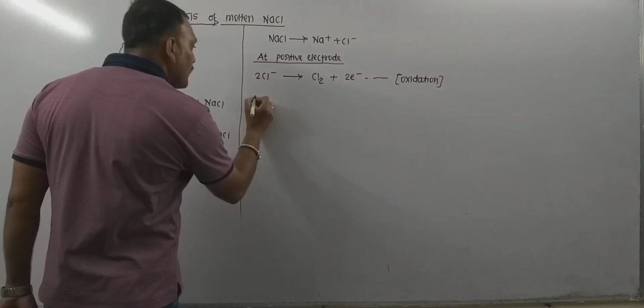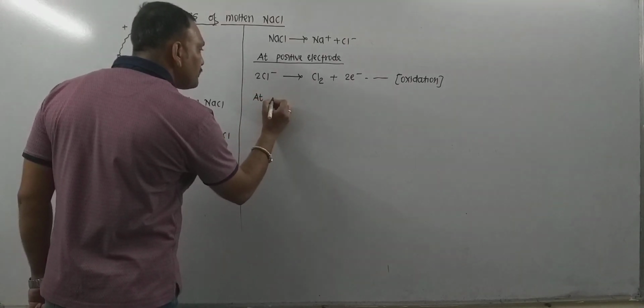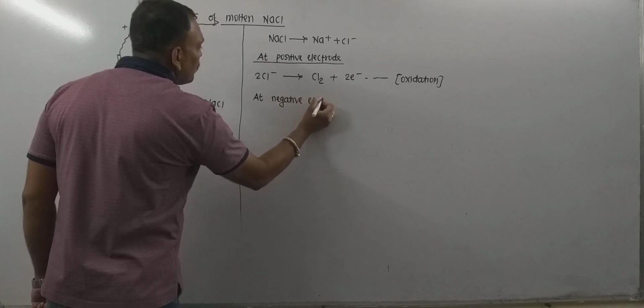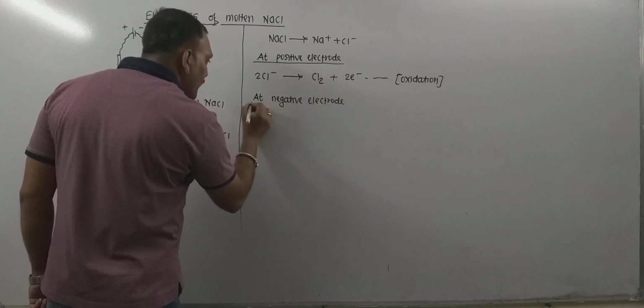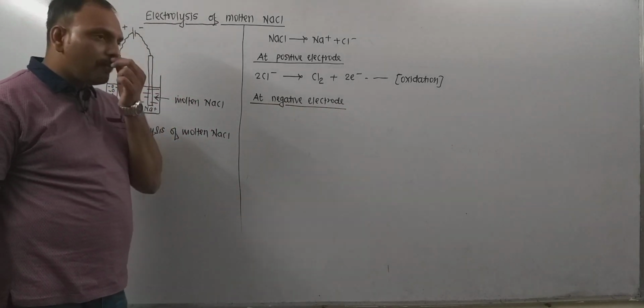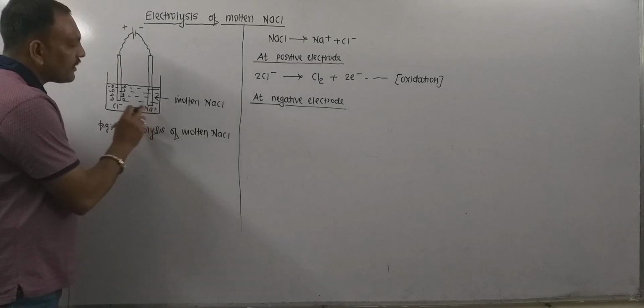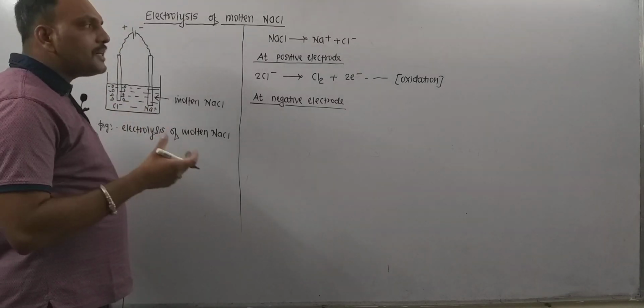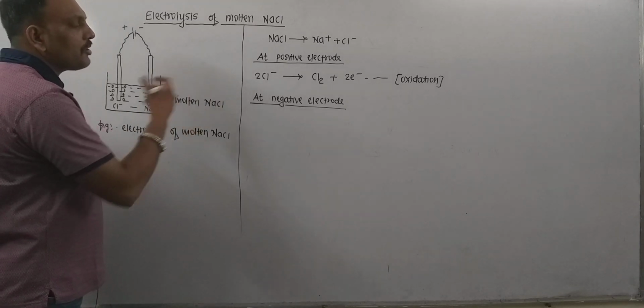Now what happens at the other electrode, that is at the negative electrode. At the negative electrode, positively charged ions, that is sodium ions, get attracted, and these sodium ions tend to gain electrons lost by Cl-.